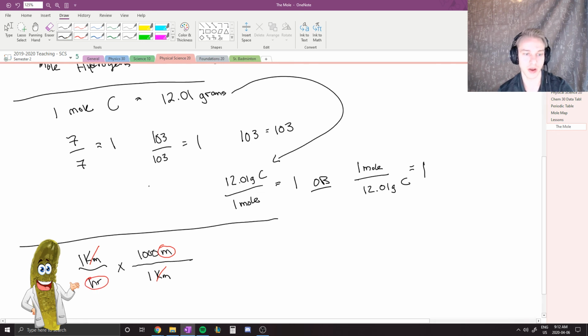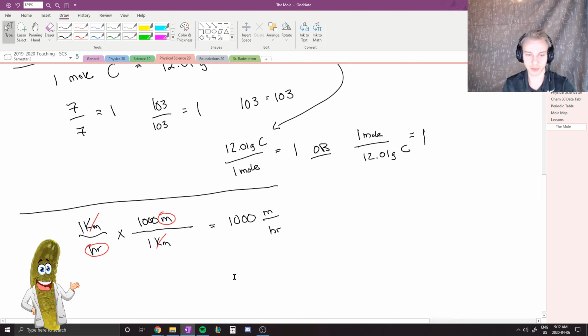And you would have known then by going 1 times 1,000 here that we would have been traveling 1,000 meters per hour. And that makes sense because we knew that 1 kilometer is equal to 1,000 meters. So if I'm traveling 1 kilometer per hour, then I'd be traveling 1,000 meters per hour.